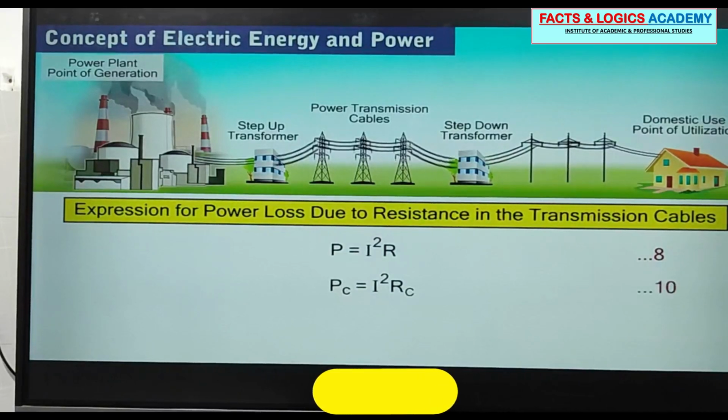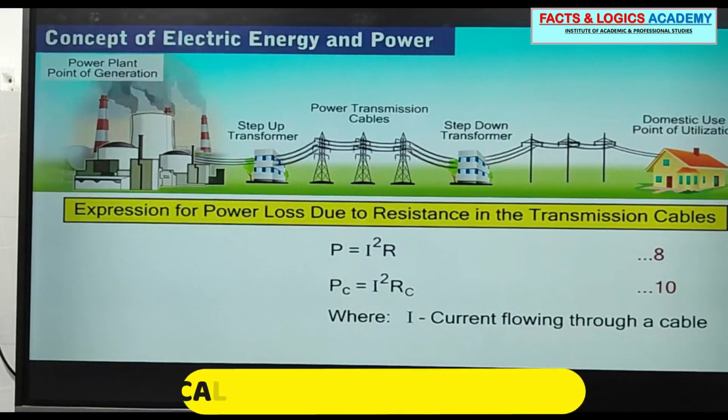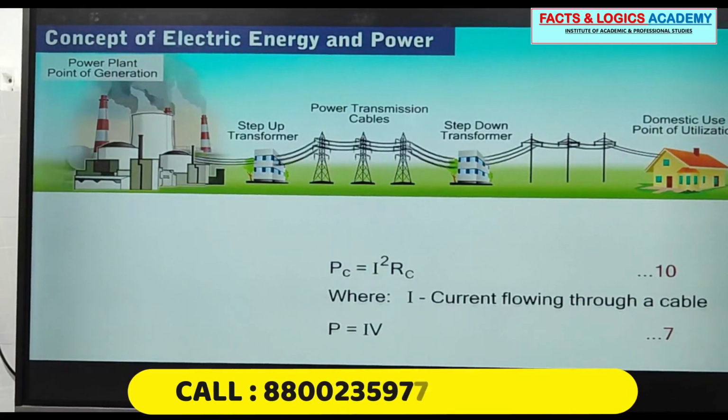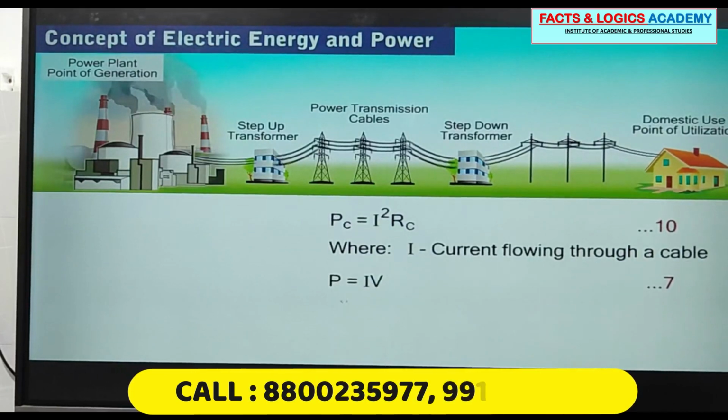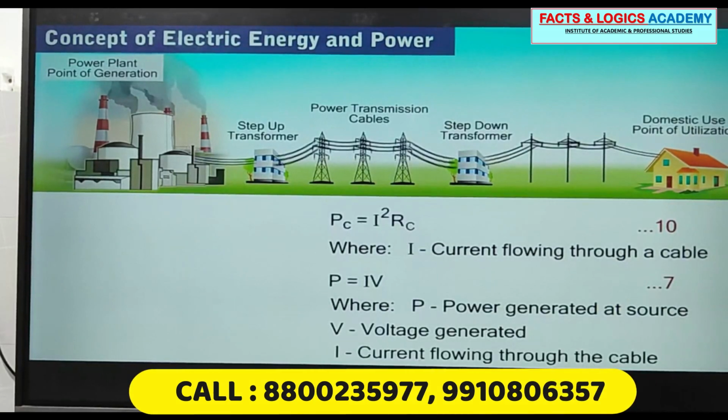Let us label this as equation 10, where I is the current flowing through a cable. According to equation 7, P is equal to IV, where P is the power generated at source, V is the voltage generated, and I is the current flowing through the cable.